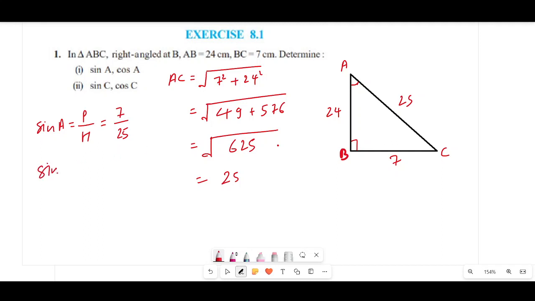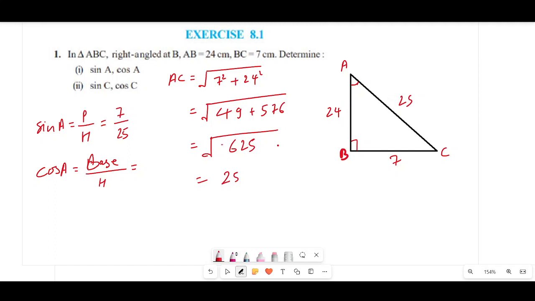Now what is the answer of cos A? If you take angle A, then the adjacent side will be base, and the bigger side will be hypotenuse. Cos A is base by hypotenuse.